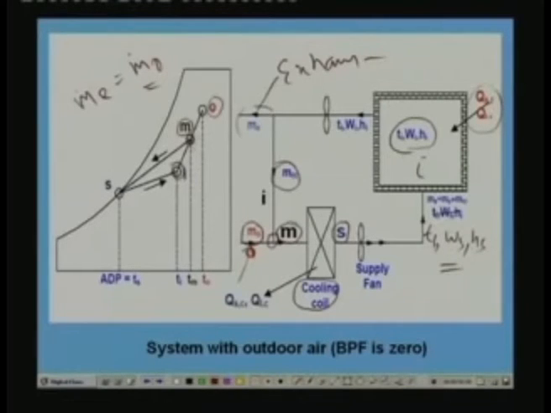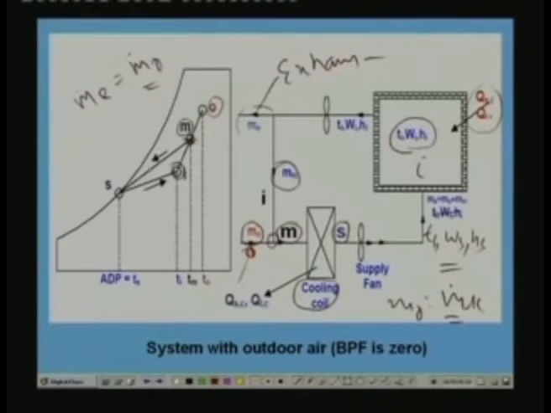The resultant condition lies on a line joining these 2 points, and its exact location depends upon the ratio of m_o to m recirculated. Depending upon that, this point will vary. For the time being, let us assume that it lies at this point.